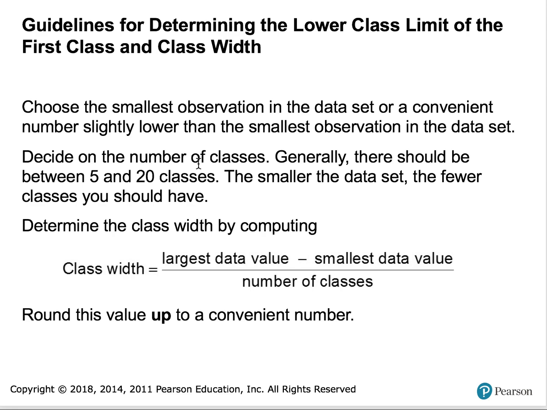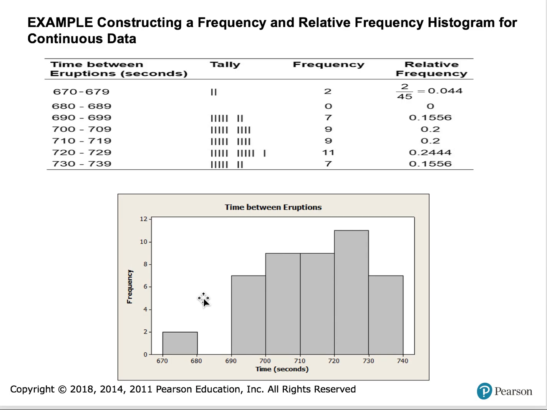And also, before we do this step, you might see, like we did first, how wide a span there is between the lowest and the highest value. The smaller the data set, the fewer classes you should have. Determine the class width by subtracting the smallest data value from the largest and dividing by the number of classes you want to have. Round it up to a convenient number.